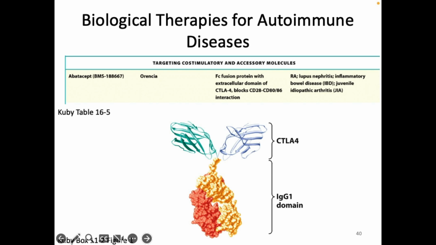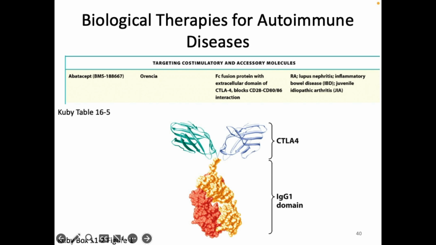Similarly, people have come up with a molecule that is CTLA-4. Usually what they do is they put CTLA-4 on an immunoglobulin domain, so it looks like it's an antibody, but it's actually CTLA-4. And so you can see this CTLA-4, abatacept or Orencia, that's used for a number of different disease states.